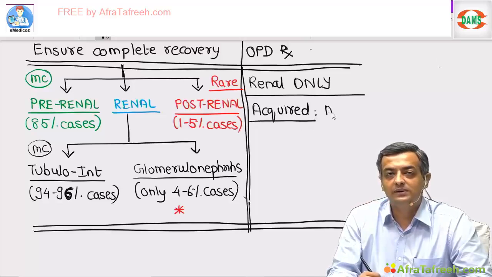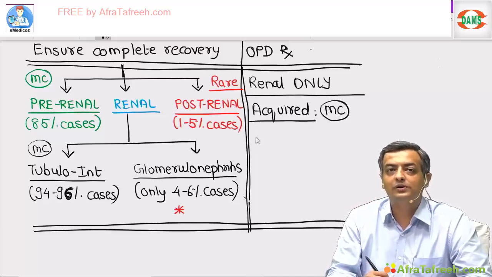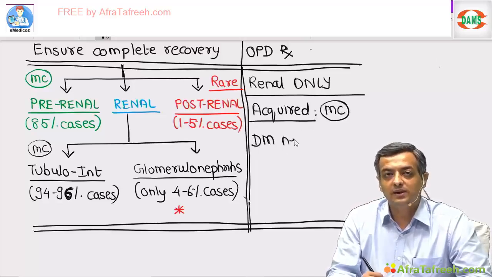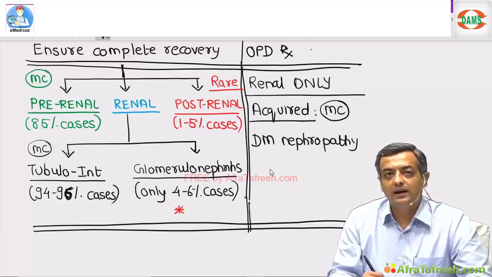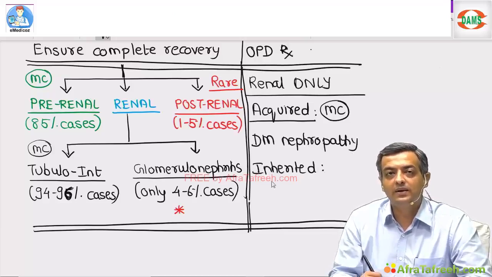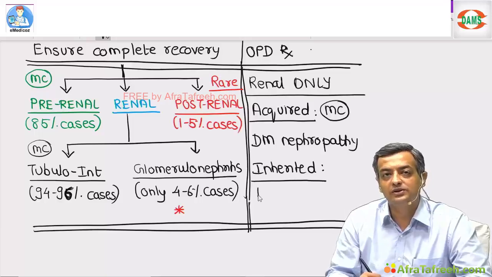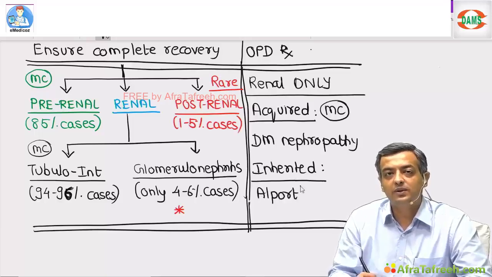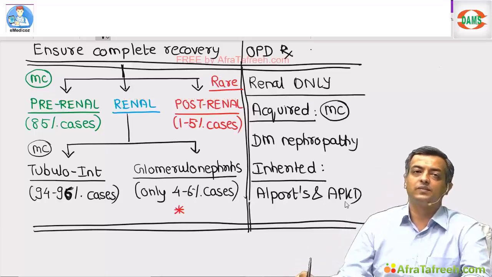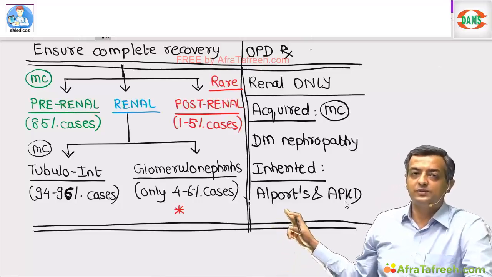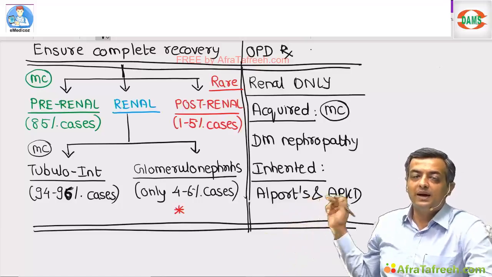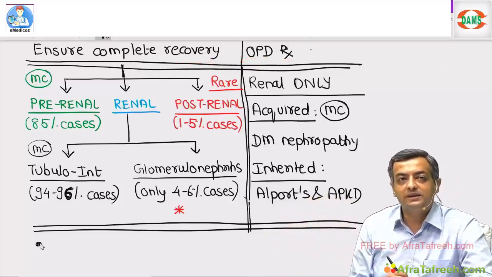Among the acquired causes, the most common cause in the world is diabetic nephropathy. And among the inherited causes, we want to discuss 2 syndromes: Alport's syndrome and adult polycystic kidney disease.